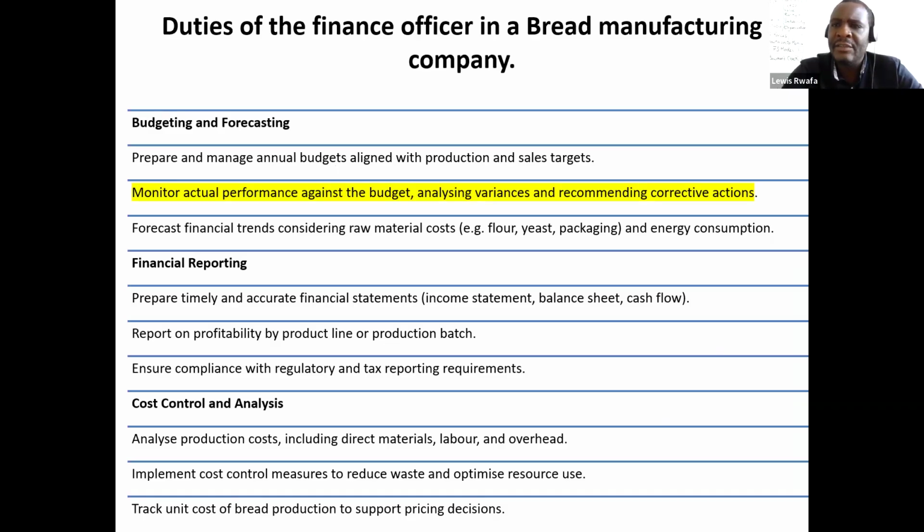So one of the aspects that you're supposed to be doing is budgeting and forecasting. Short term, remember the focus is short term, the focus is implementation. So prepare and manage annual budgets aligned with production and sales targets.